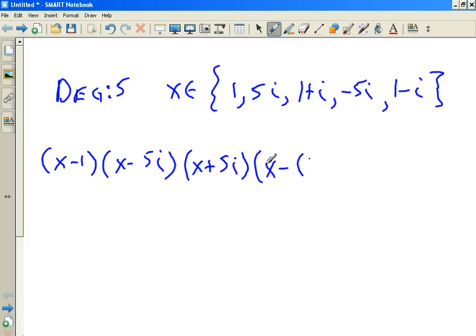X minus the root. Now notice, this is more complicated. This is one term, this isn't. When you subtract, you add the opposite. I better put parentheses to know what I'm changing signs on, right? All right, and what's the last factor then? X plus parentheses. No, it's always x minus the root. There you go.